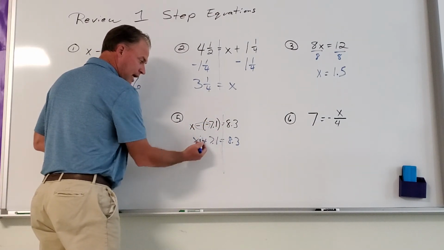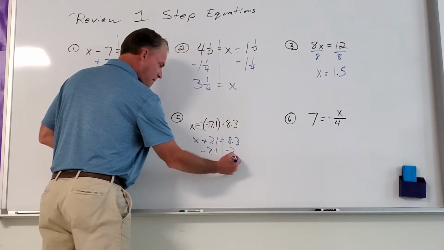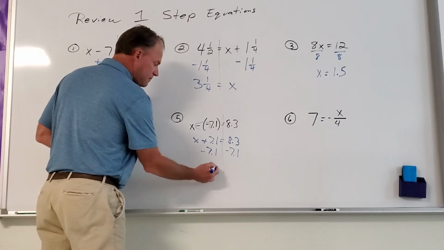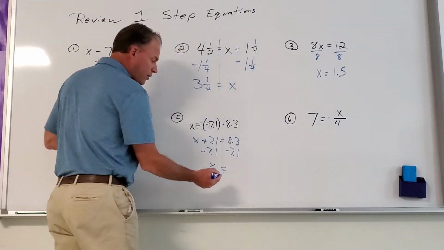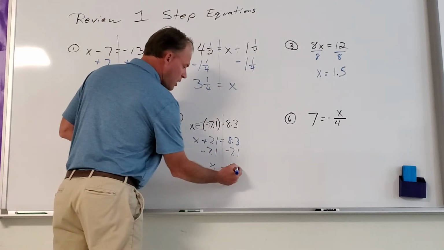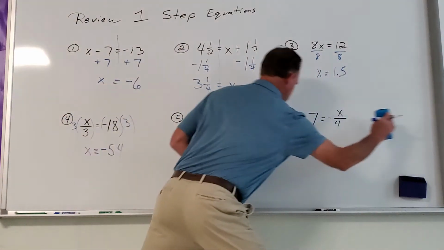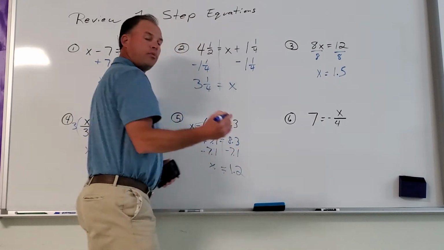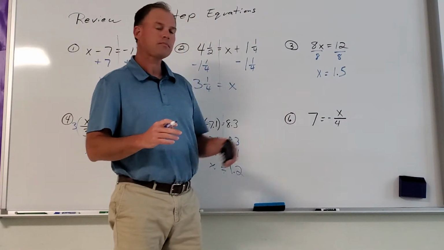Here's my x side. I do the inverse operation. Subtract 7.1 from both sides. Do the subtraction. Calculator if you need it. I actually don't on this one. So we are getting our answer of negative 1.2.